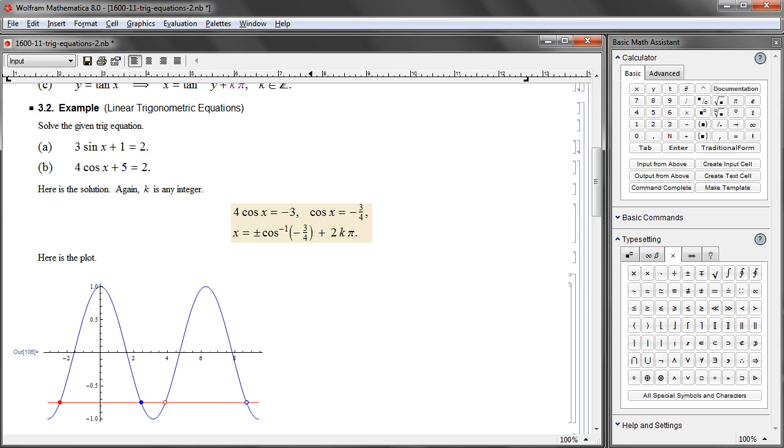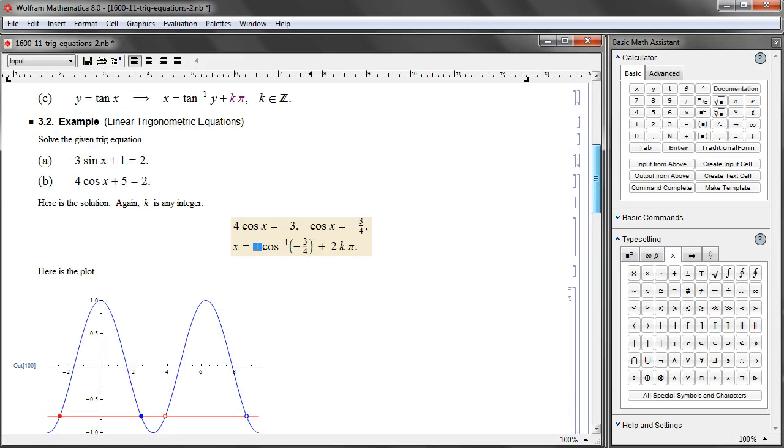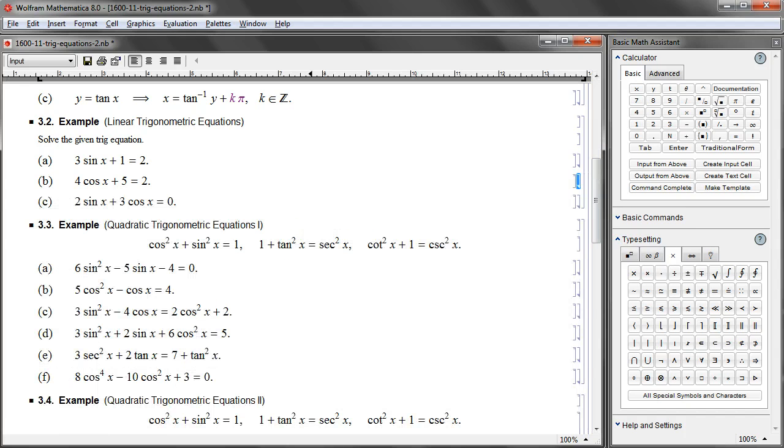Arc cosine of negative 3/4, okay, that stays there. It's just that the even function generates plus and minuses. Plus will be the blue point, and then red will be the minus of that. This plus and minus is coming from the even function. And here's a visualization. Those pairs of points will be reproduced in the next period and the next period as you add any multiple of 2 pi. When k is negative, then you go to the left hand side.